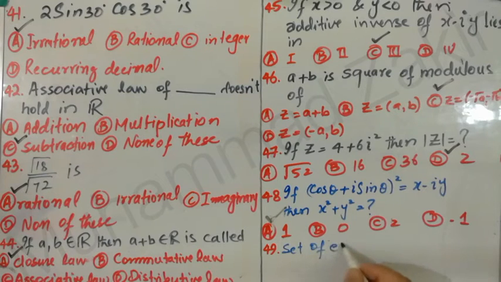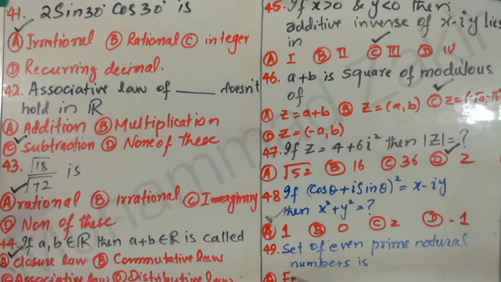The set of even prime natural numbers is, these are the options: finite, empty set, singleton, infinite.